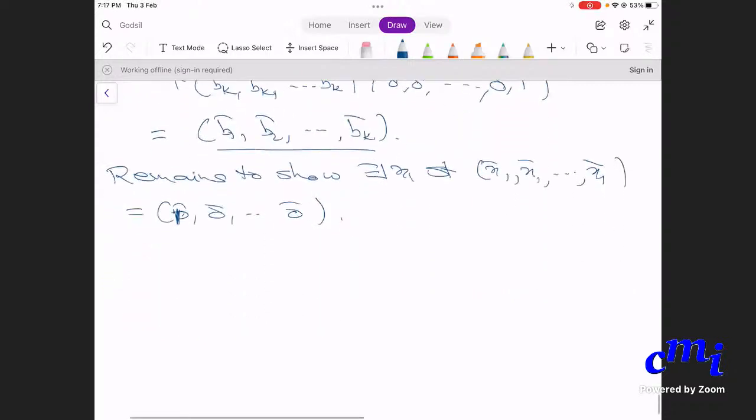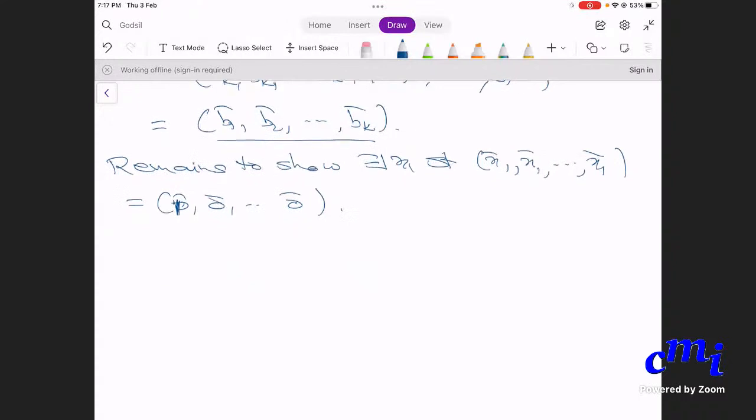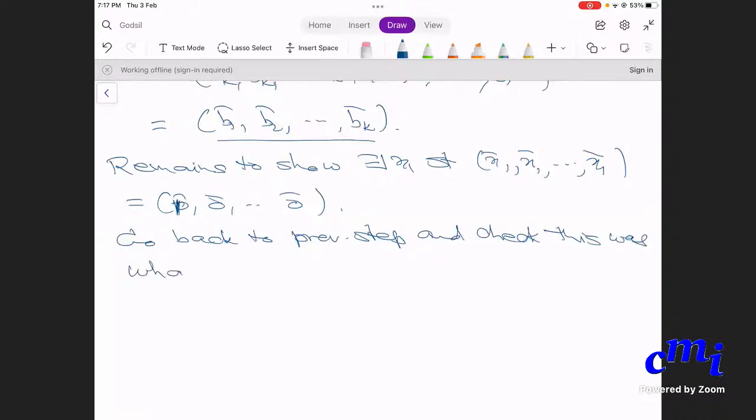But this is what we did in the previous step actually, right? If you go back to the previous step and check, this was what was done. Even in that step, this is the main idea.